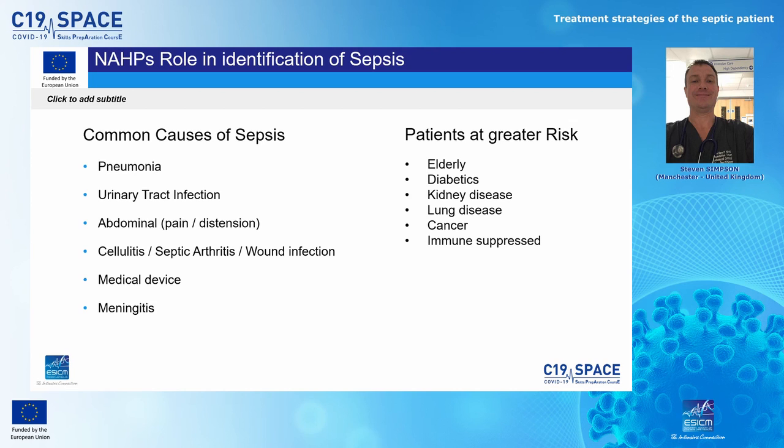All our patients can develop sepsis, but some patients have a greater risk: the elderly with weakened immune systems, diabetics, patients with chronic kidney and lung disease, patients diagnosed with cancer, and patients that are immune suppressed with medication such as chemotherapy drugs, radiotherapy, or patients with immune suppressing illnesses such as HIV.